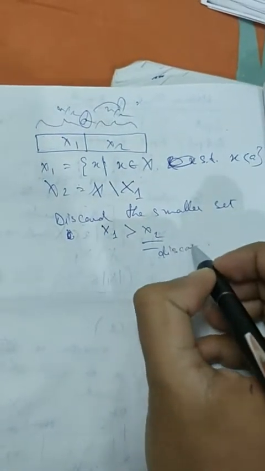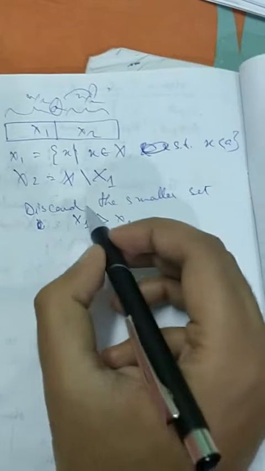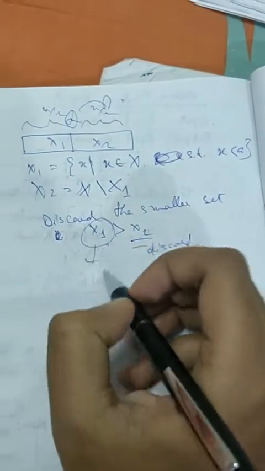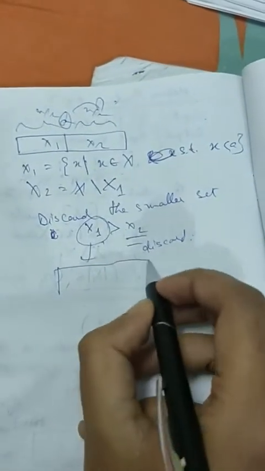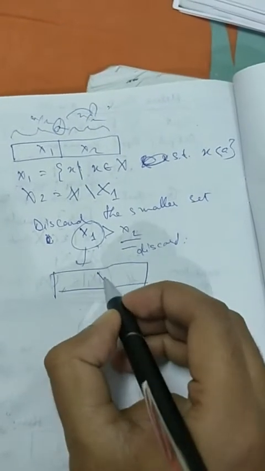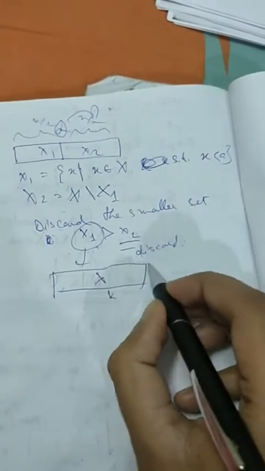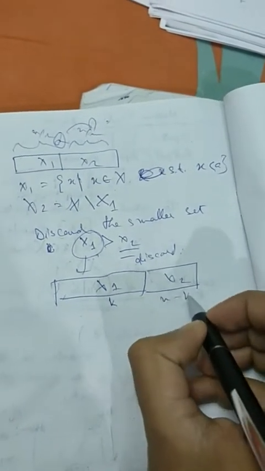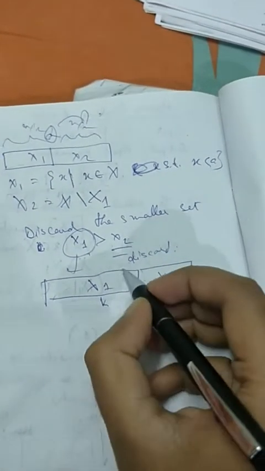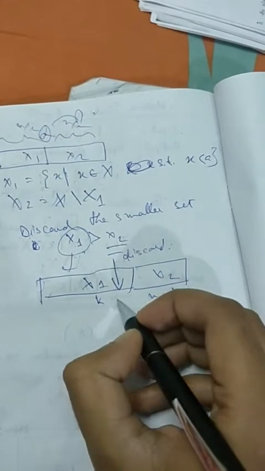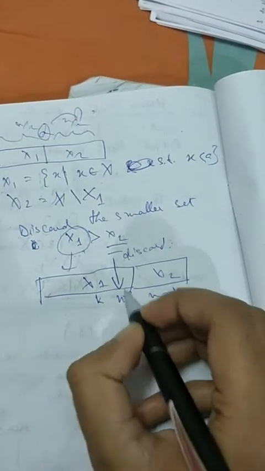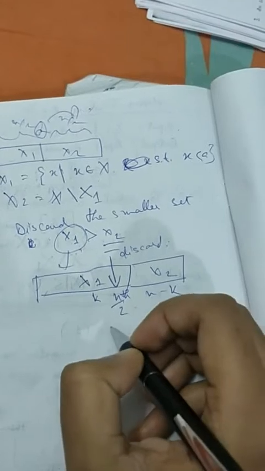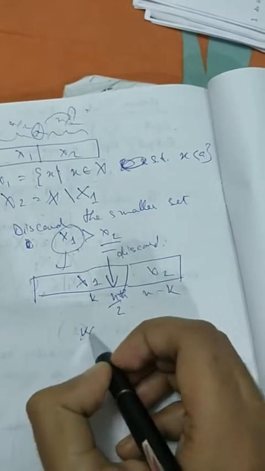Okay, because our median is in the x1 set. So now we have a smaller array. Say the size of x1 is k, the size of x2 is n minus k, and this is greater, and we have to look for the n by 2th element in this array, not the k by 2th element.